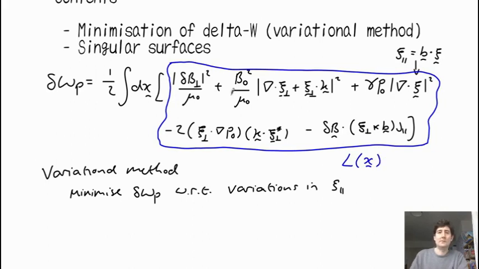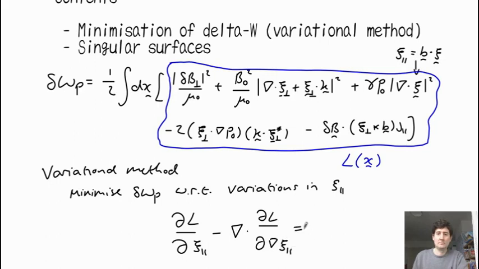And we're going to write down the Euler-Lagrange equation for the variations of delta W with respect to psi parallel.